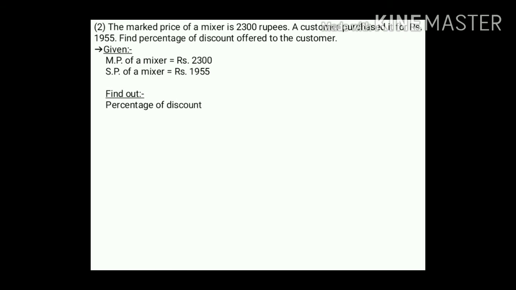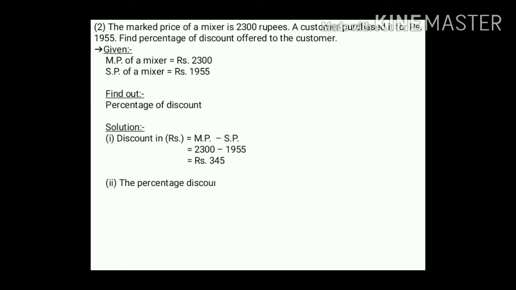Solution. Discount in rupees. First of all, we find children discount in rupees. The formula is MP minus SP. What is the MP is given children? 2300 and SP is given 1955. 2300 minus 1955, we get children rupees 345. Now this rupees we have to convert into percentage.